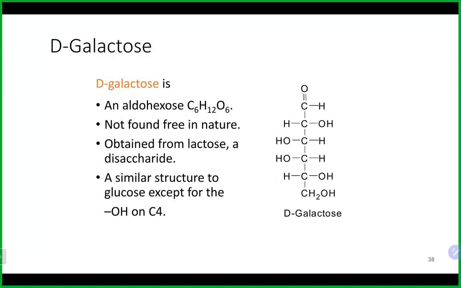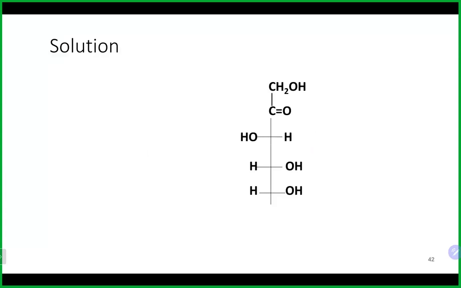Carbon number 4 would be here: 1, 2, 3, and 4. So carbon number 4 has a different spot where the OH is located. You're not going to have to draw the structure too much, I don't think.